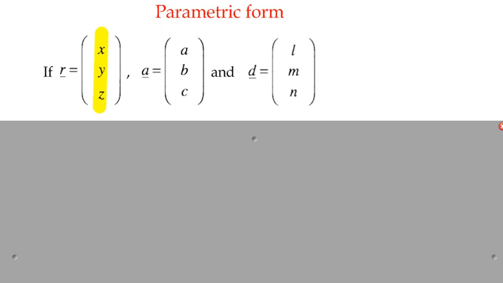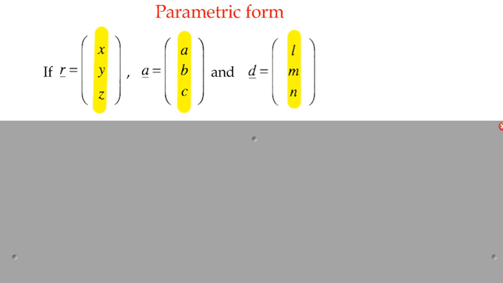In terms of the theory of it, we define vector a, which is the point that we know, as being (a, b, c). And we define the direction vector as having components l, m, and n. From a fixed point of view, it helps us to make some kind of formula or rule, but we're generally going to use numbers for this.